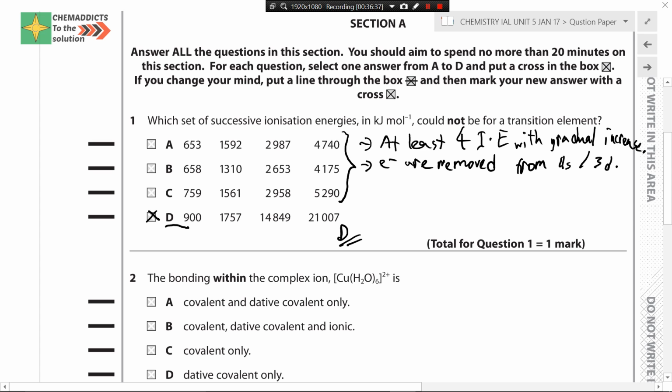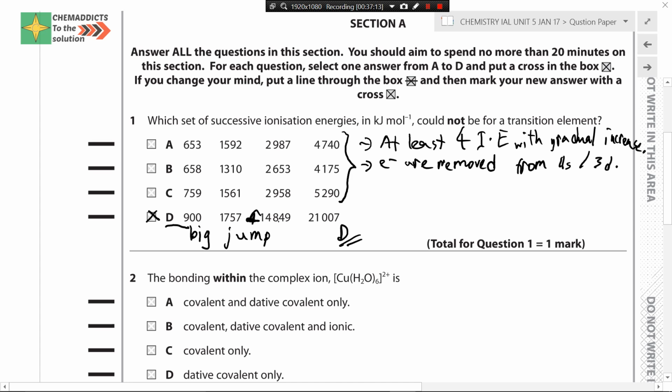Why D should be the answer? Why not these three? By now you have come to know why these three shouldn't be the answer, since these three are the set of successive ionization energies for a transition element. So why D? Here we can see the big jump is after these two ionization energies.